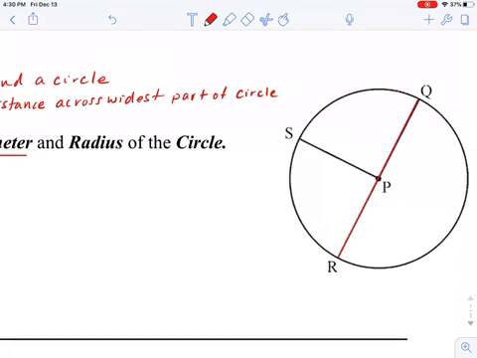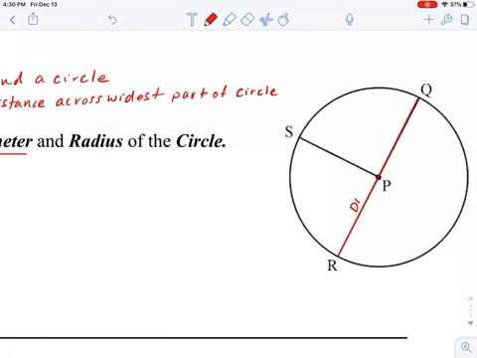So I'm going to go ahead and label that. Measuring right across the very widest part of the circle.